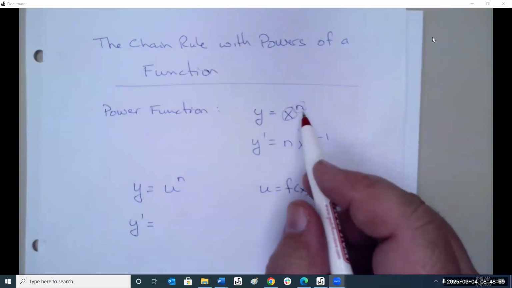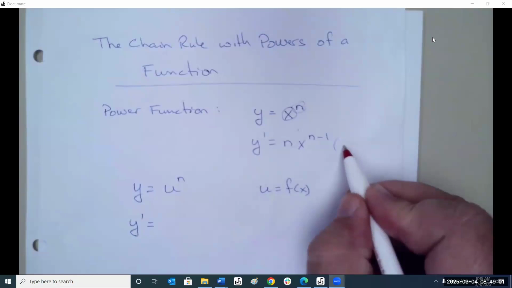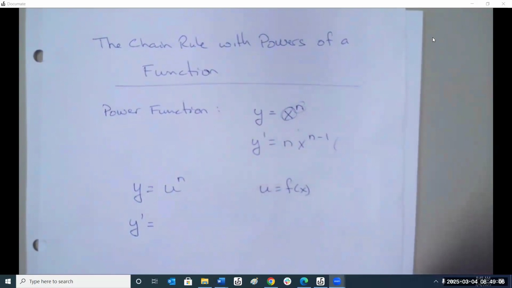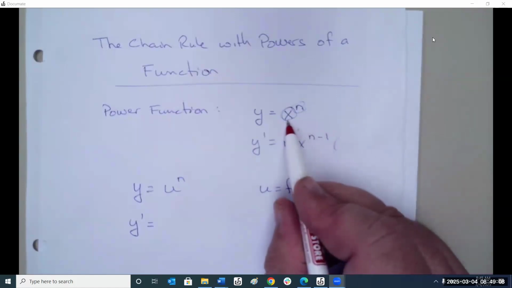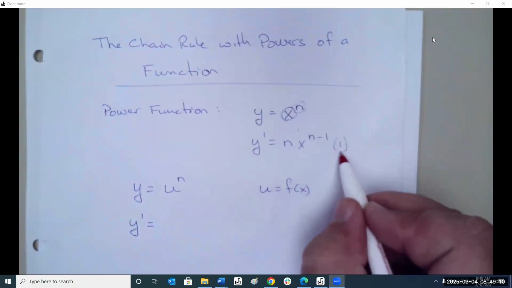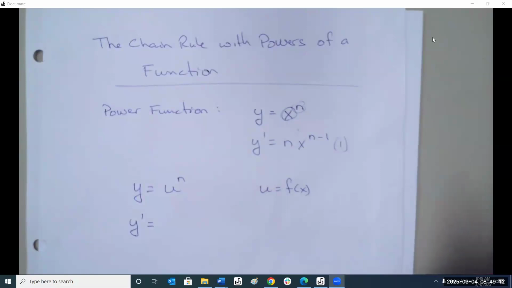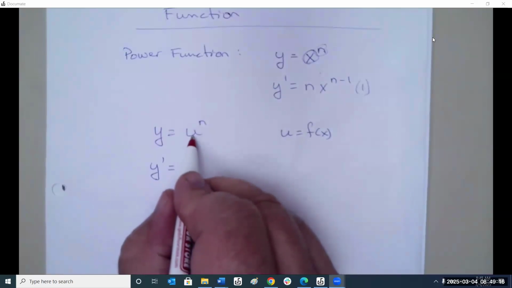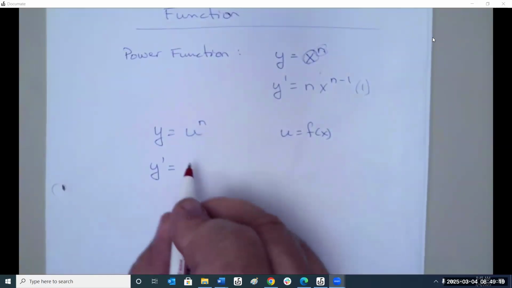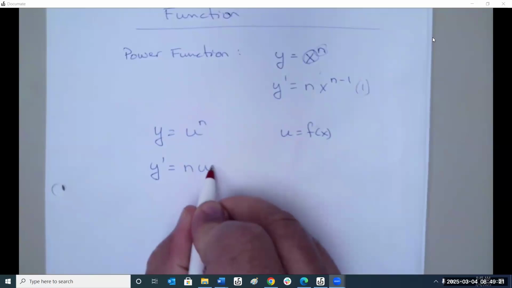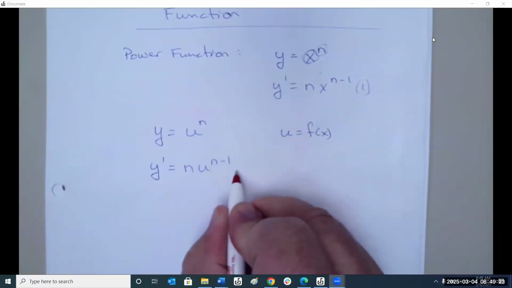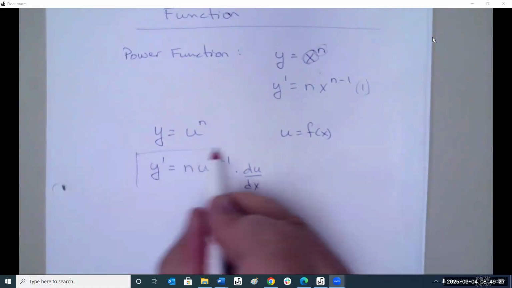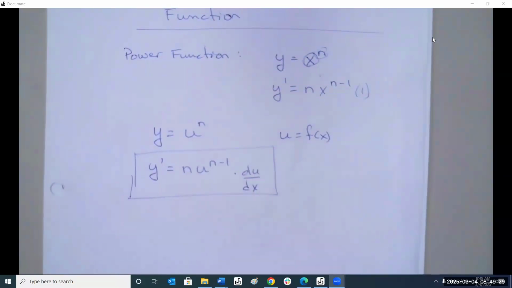That's the outside. Times the derivative of the base. What's the derivative of x? So that's why nothing changes. But since the base is now a function, we have to take du with respect to x. We have to take the derivative of the base also.